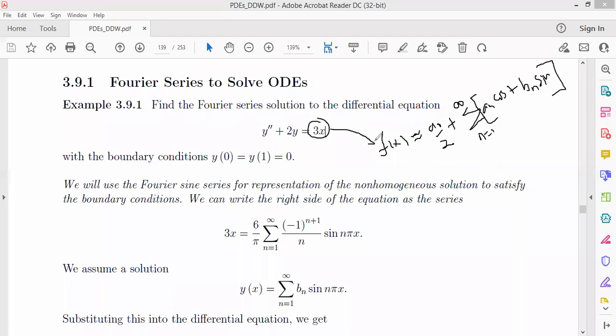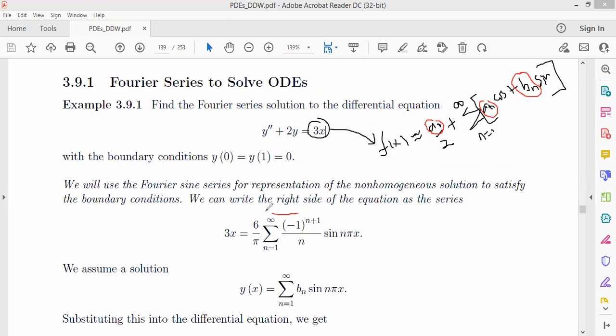Is that okay? So once you have this, you compute the a naught, you compute the a_n, there is a_n here, and you compute the b_n. We have 3 Fourier coefficients. That is the a naught, we have the a_n, and we have the b_n. Okay? You look for these 3. Once you look for these 3, you substitute them back and you do the simplification.